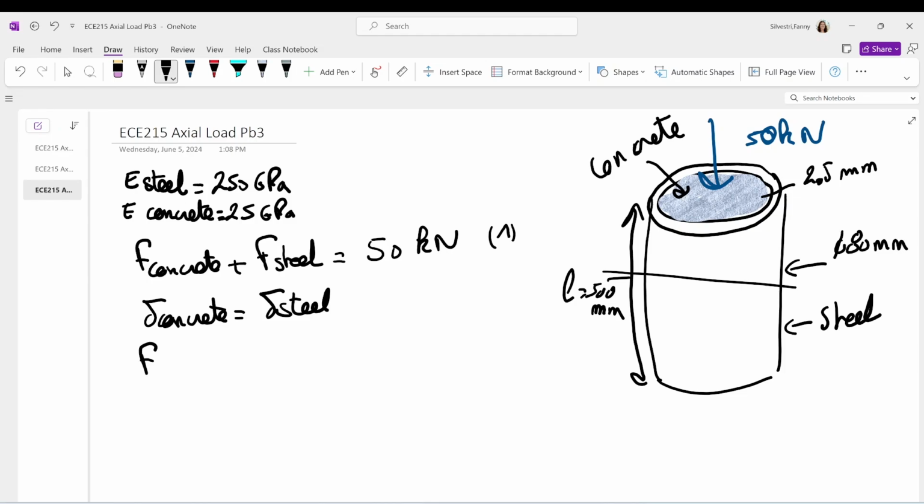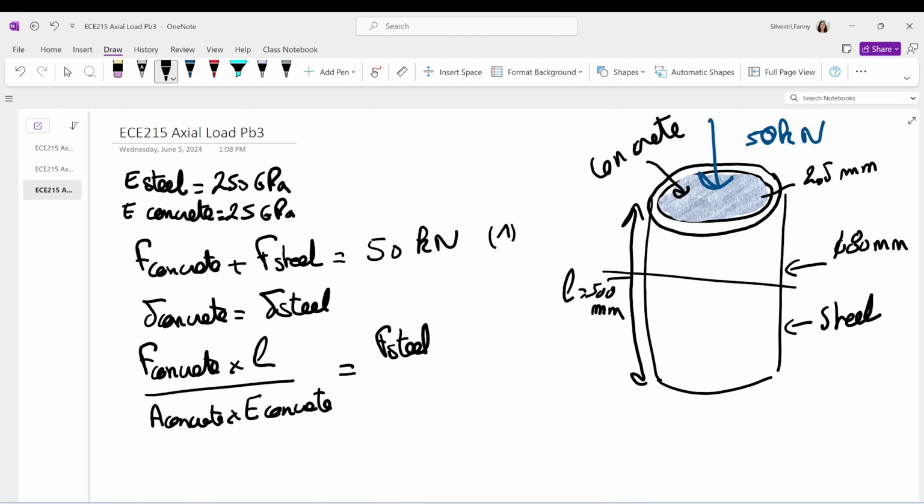We have the force in the concrete times L divided by the area of the concrete times E of the concrete, equal to the force in the steel times L divided by the area of the steel times the Young modulus of the steel. We see that L is the same on both sides, so we can get rid of the L.